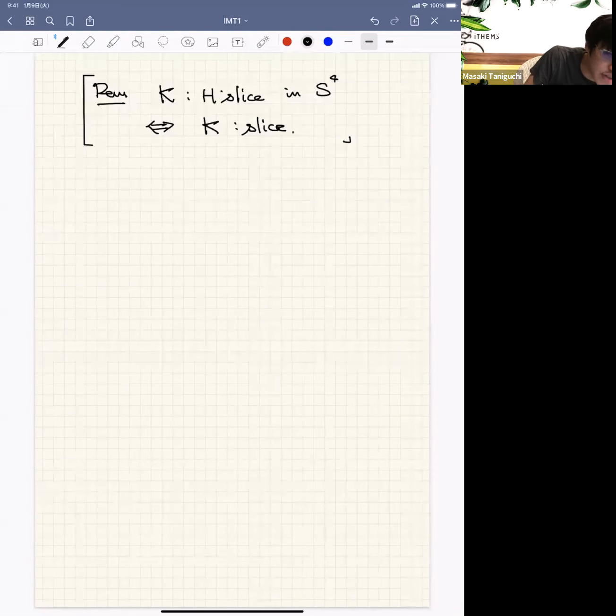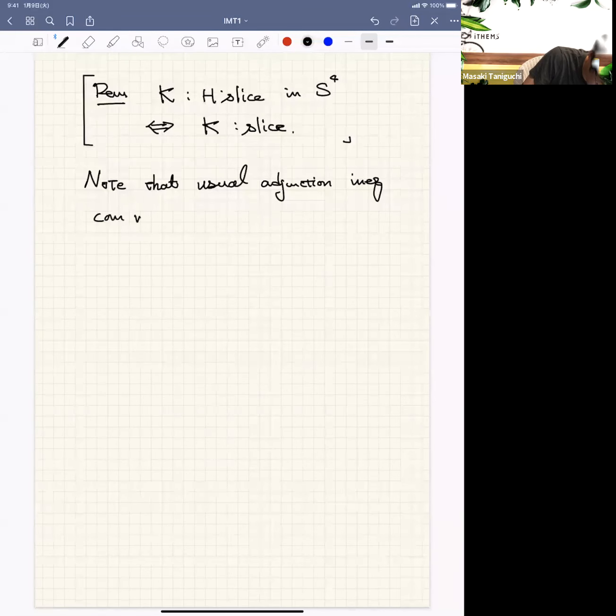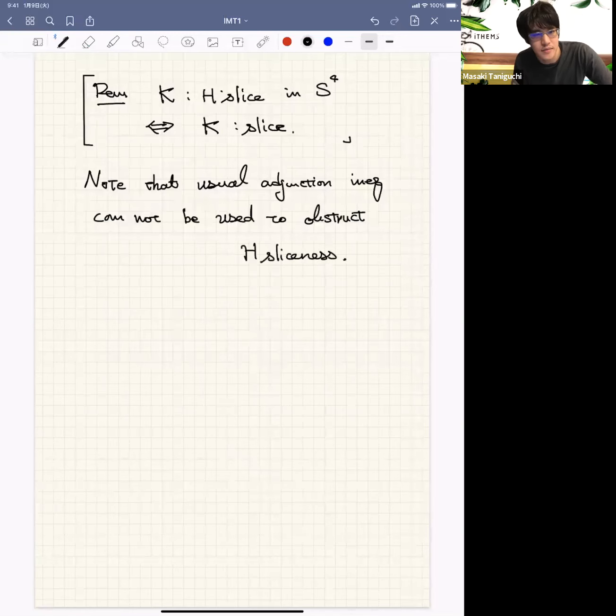Note that the usual adjunction inequality cannot be used to obstruct H-sliceness, because the homology class is 0. So we need to consider other techniques to obstruct H-sliceness.